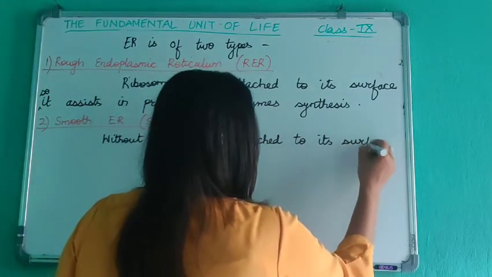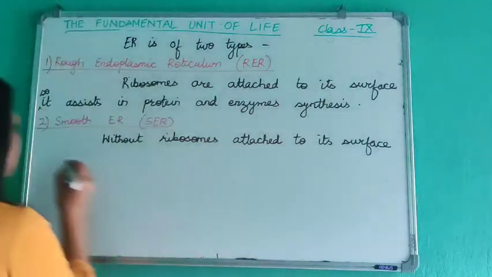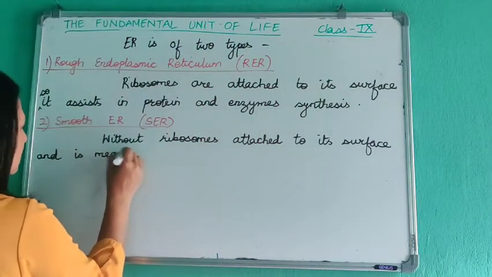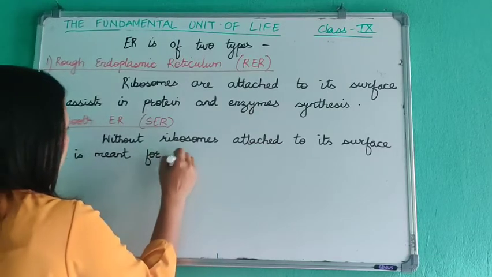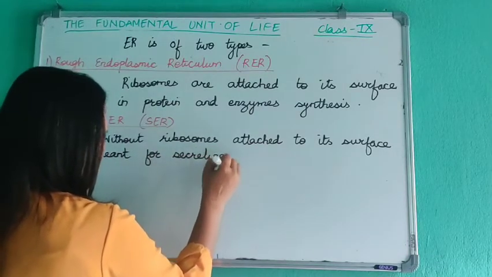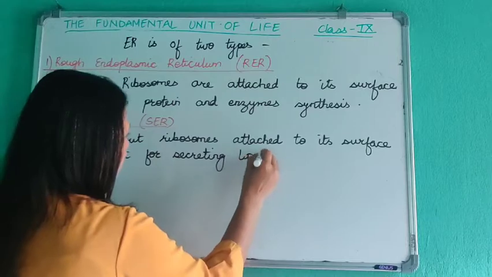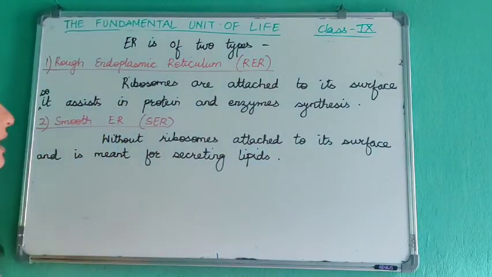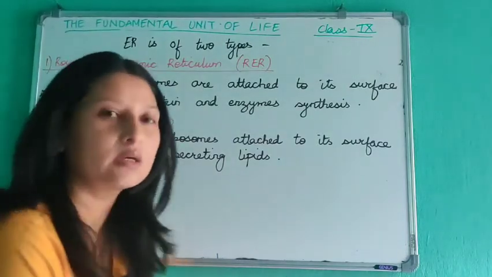So what does it do? It is meant for secreting lipids. Okay, that's it. Lipids भनेको fats. It is meant for secreting lipids. Alright, so these are the two types of endoplasmic reticulum.